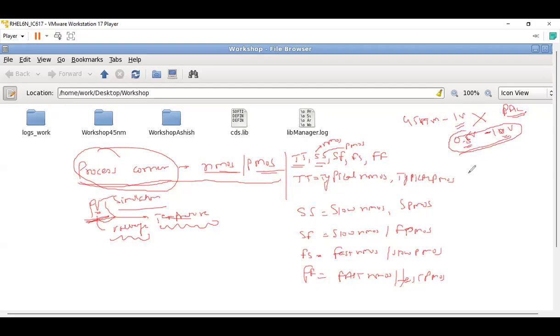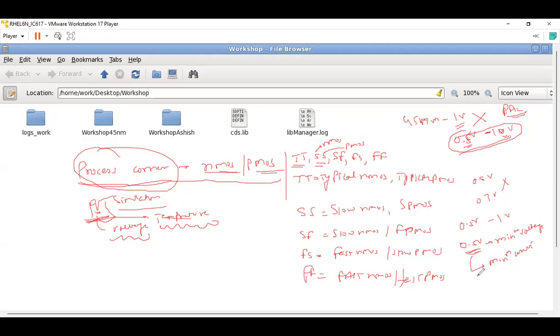When I show you results in this class, I show you results at 0.8 volt and 0.7 volt, but that doesn't mean these are the complete results. You need to find the results from 0.5 volt to 1 volt on every voltage. Why is it said so? Because when you use 0.5 volt, you are using the minimum voltage. Minimum voltage means you will get the minimum current in your circuit.